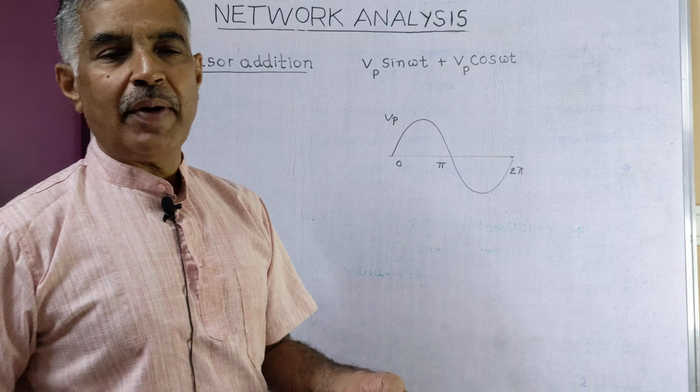Now I will add these two waves in the form of phasor notation. First, Vp sin omega t. So how to take the phasor? Take this as the phasor representing the sine wave, Vp sin omega t. Next, Vp cos omega t is represented by another phasor.